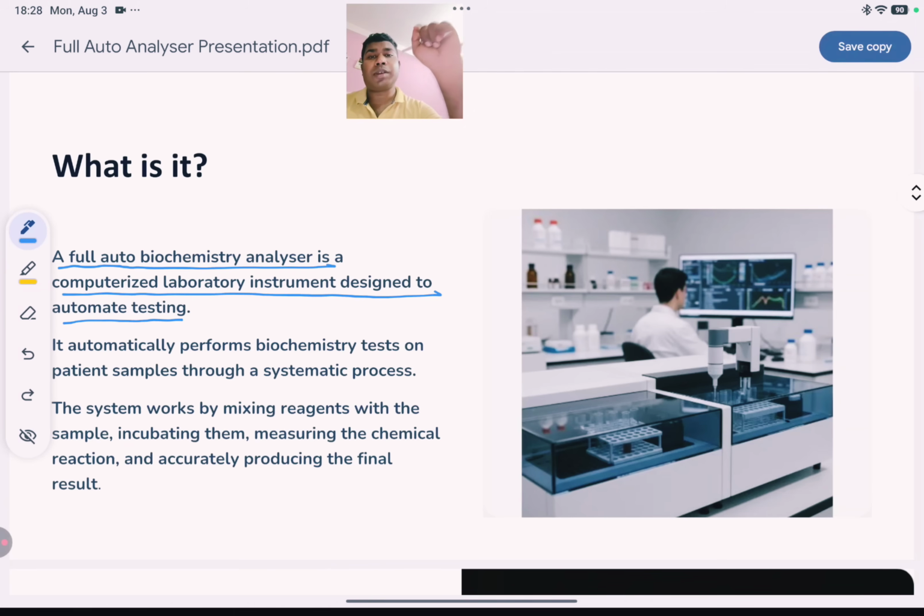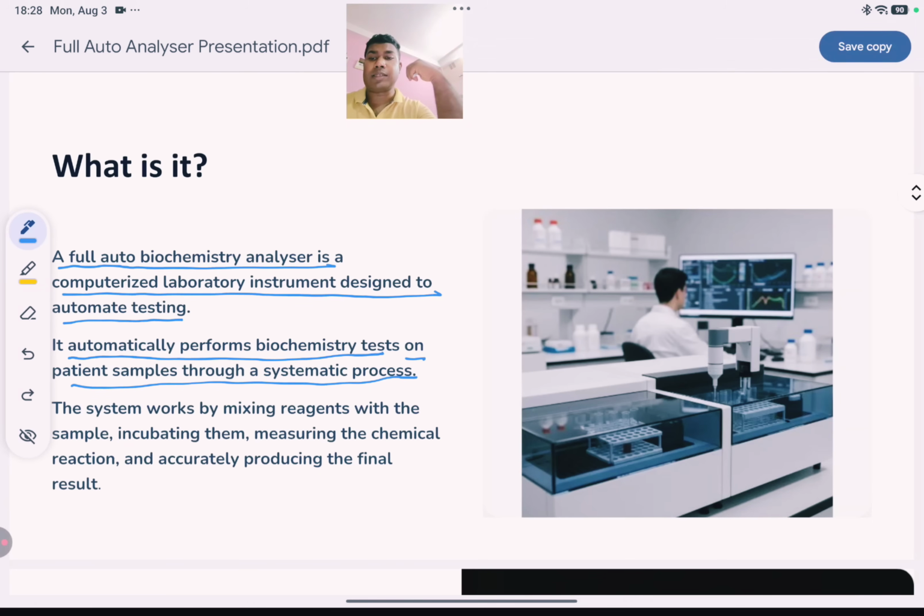computerized automatic instrument which is designed only for automated testing, because it automatically performs biochemistry test on patient samples through a systematic process. In fully automatic analyzer, we have to just place the sample in the analyzer, and everything after that is up to testing and providing result in the screen, the machine does for us.